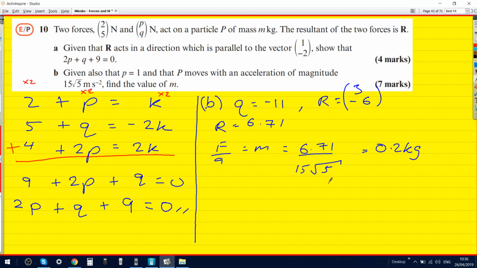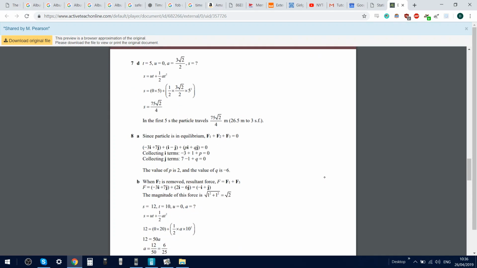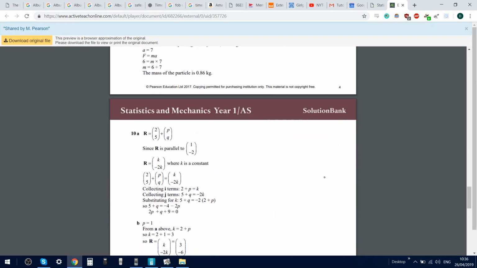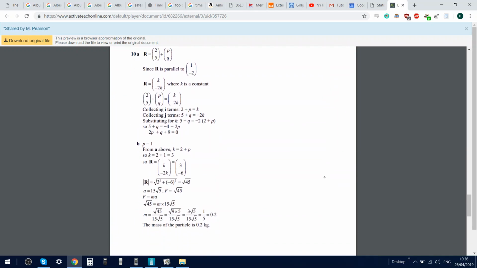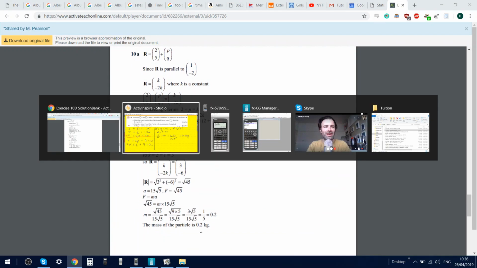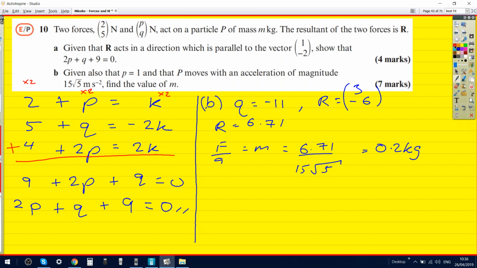I believe that's correct. Yeah. So, where were we? So we showed it, and then 0.2 kilos. Yep. Any questions there? No. Yeah. That's good. So yeah, you didn't need the angle, just Pythagoras.